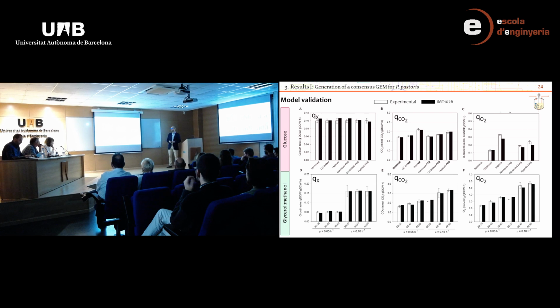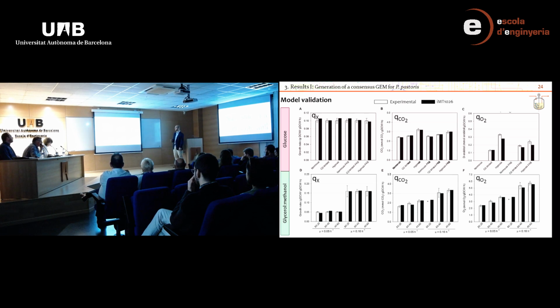So we tried with two different data sets from chemostat cultivations. That is, cultivations performed in glucose at different oxygen availability conditions, both non-expressing and expressing an antibody fragment. In addition, we also compared the model performance with cultivations using different mixtures of glycerol and methanol at two different growth rates.